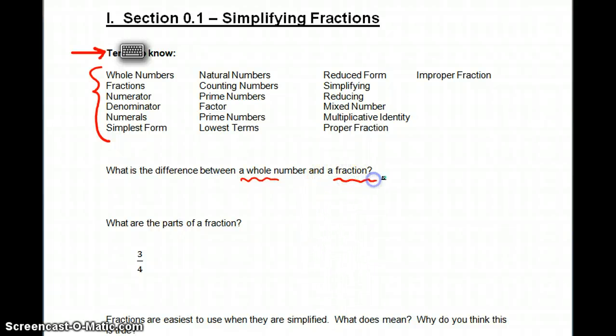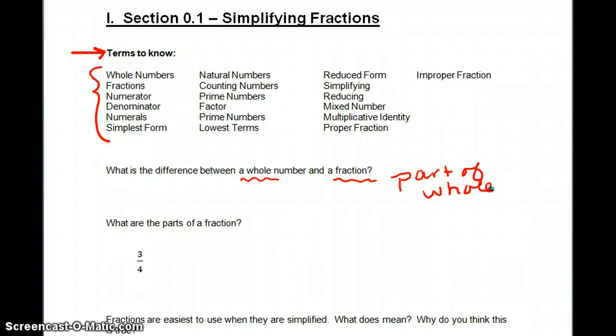A fraction is just simply a part of a whole. It's the part of the whole. It doesn't have that entire piece to it.